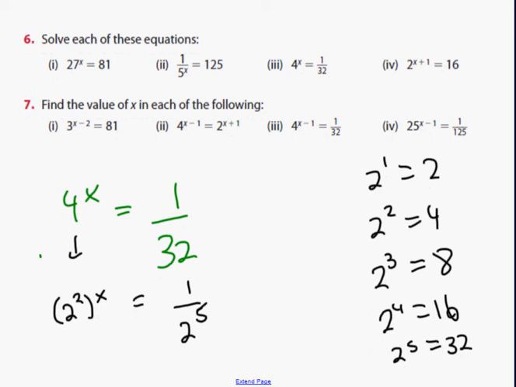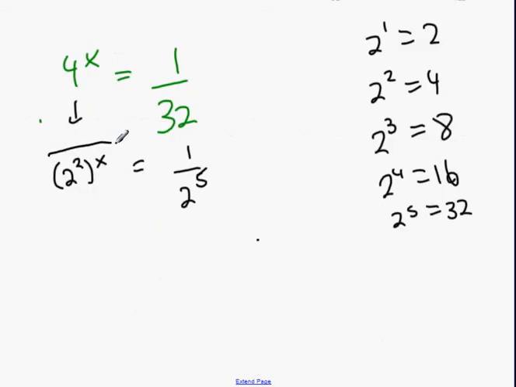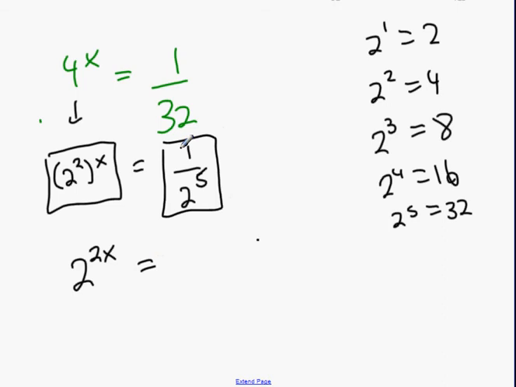Now, quick question. Two rules we're going to have to apply here. What's the rule for this here? 2 to the power of? What's the rule for 1 divided by a power? 2 to the power of minus 5. Remember, it doesn't make sense, but you have it learned off, or it's in your notes.